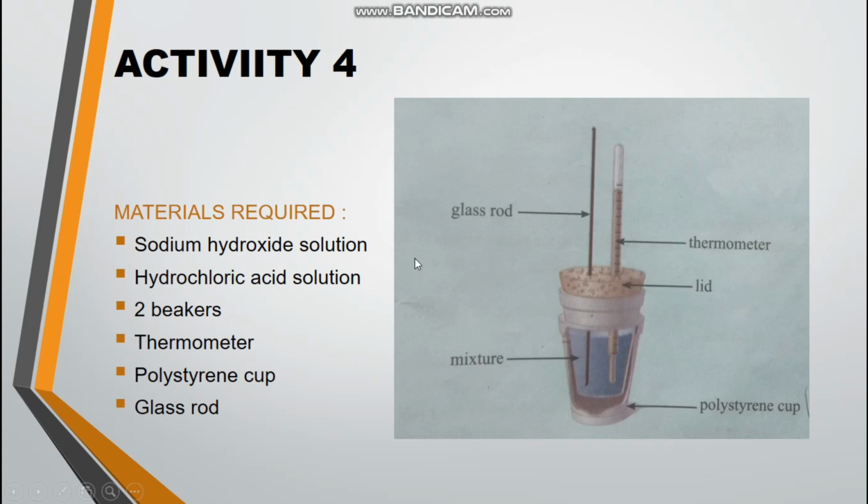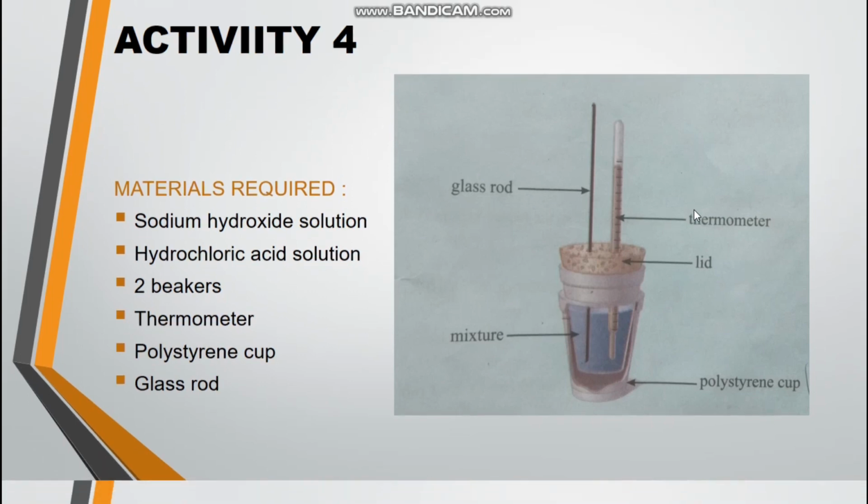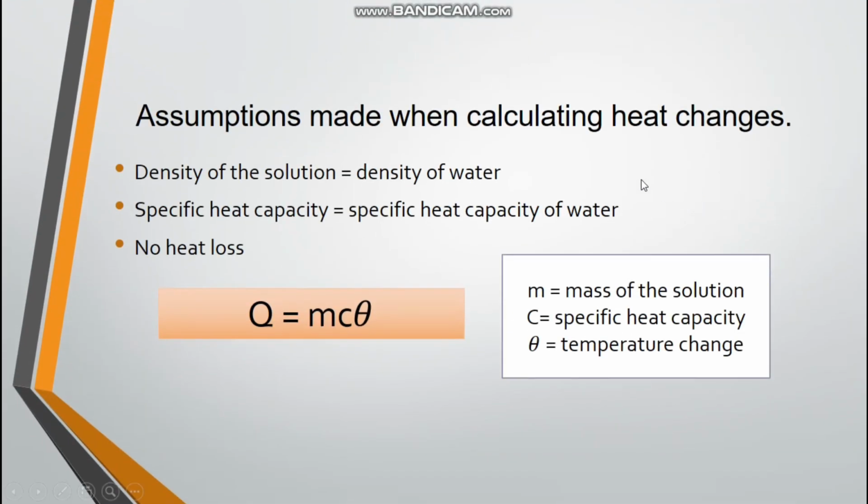So now here we have the initial temperatures of the sodium hydroxide solution and the hydrochloric acid solution, and after doing this activity we have the final temperature of the whole system. While doing this activity we have to make some assumptions. We'll see what those assumptions are. We assume that the density of the solution is equal to the density of water.